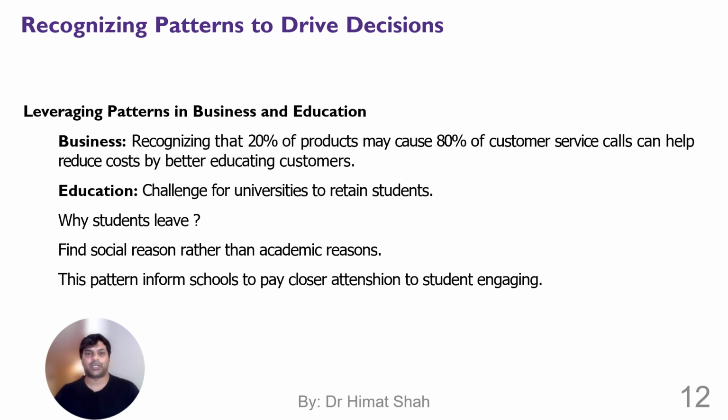This pattern helps schools focus on engagement strategies such as mentorship programs, social events like parties, better integration, more grounds, football games, cricket games and other engagement activities to retain their students. After they applied these strategies, they found a 15 percent improvement in their student ratio.